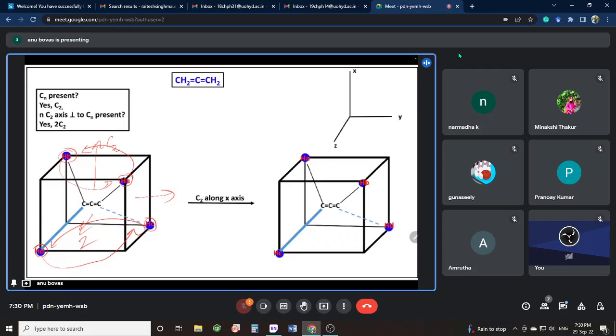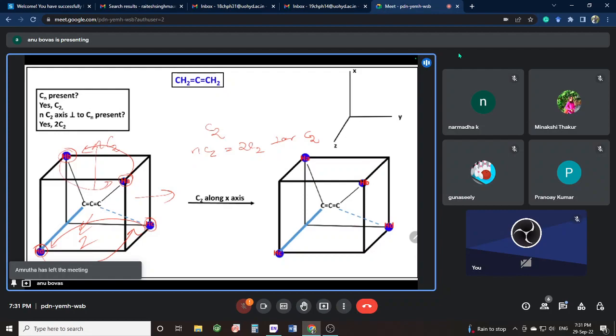So we have one C2 and nC2 means here 2C2 perpendicular to the C2 present. So the first question, is Cn present or not? Yes, C2 is present. And the next question, whether nC2 axes perpendicular to Cn are present or not? Yes, 2C2 is present. So the first letter of the point group will be D.